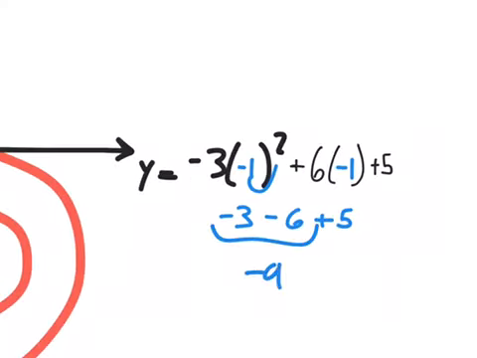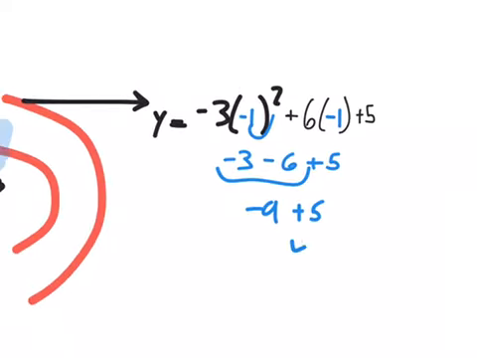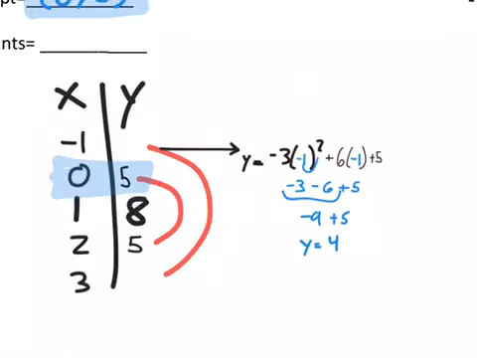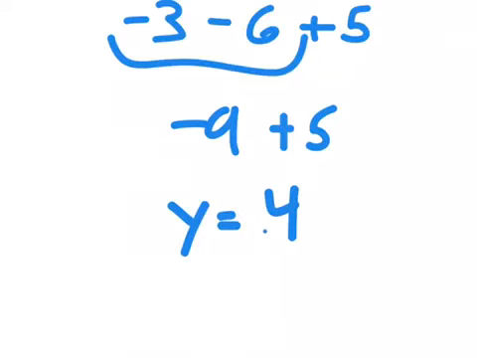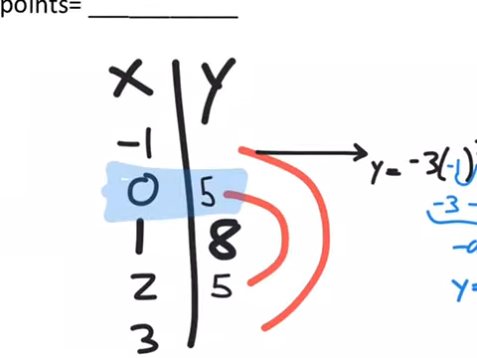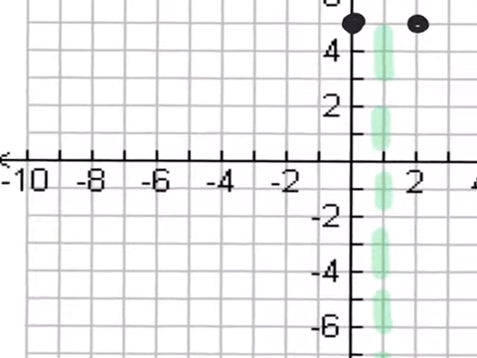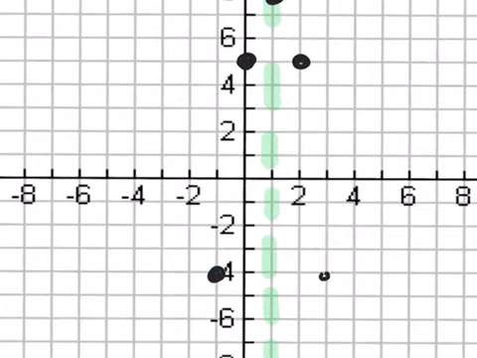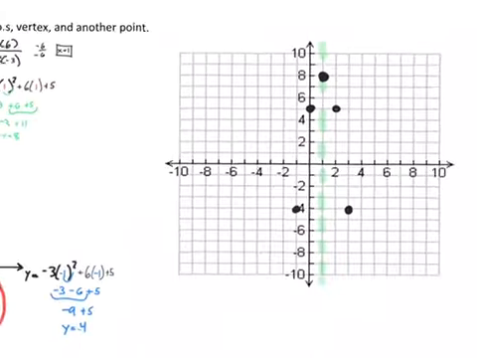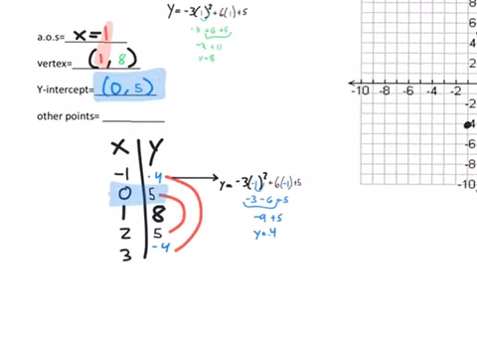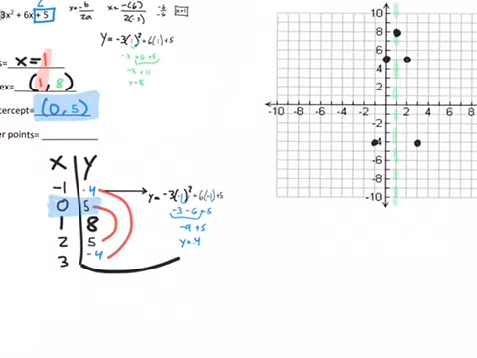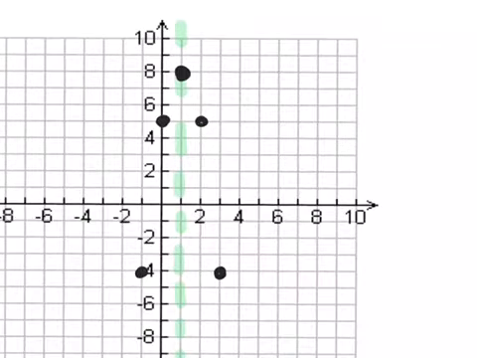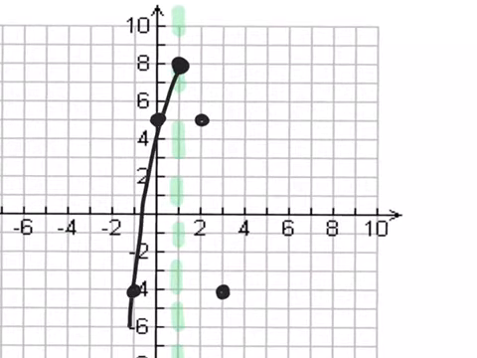So we've got a negative 9 plus a 5 to get our y-coordinate of negative 4. So we have a negative 4 here. And we have a negative 4 here. So at negative 1, we are at negative 4. And then also at 3, if we would have evaluated at 3 in the table, we would have gotten the same conclusion of negative 4. And you can see why from the graph.